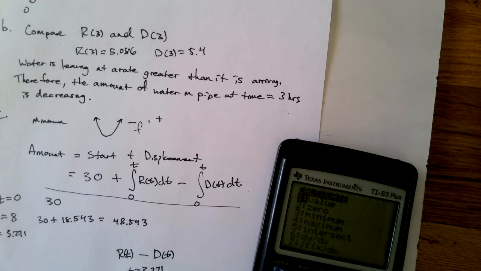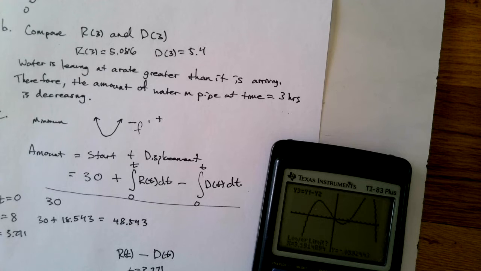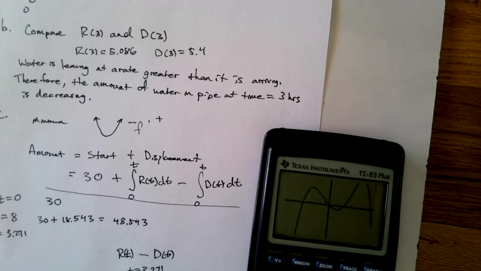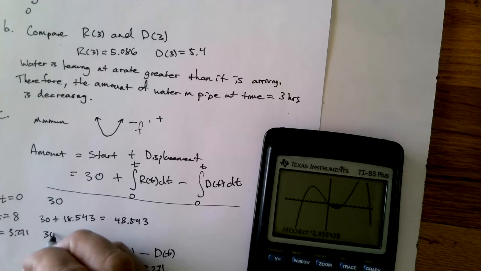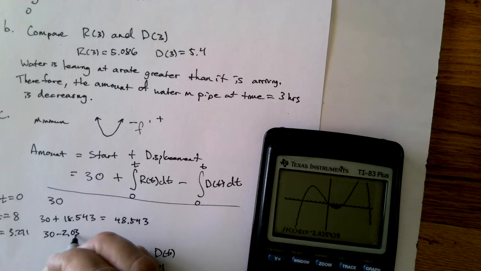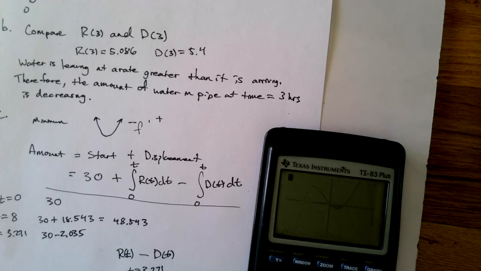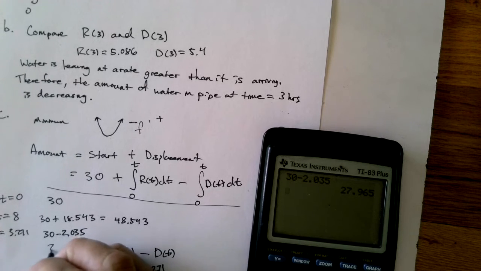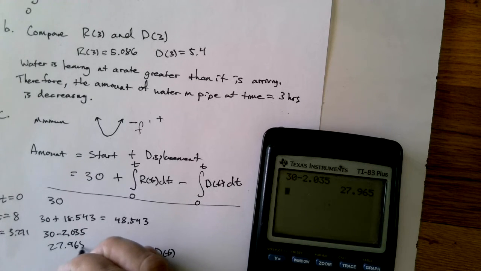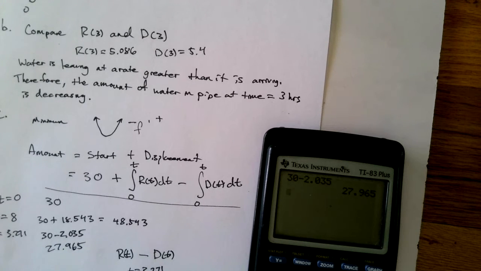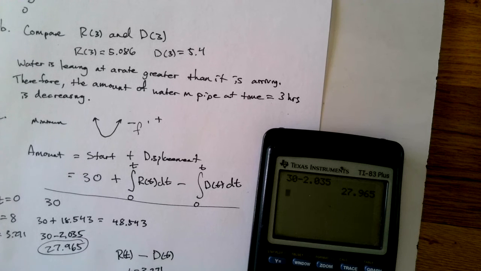So I'm going to go to calculate number 7, and lower limit is 0, upper limit is 3.271, and it's going to see how much I get. I get negative 2.035. So 30 minus 2.035, we get 27.965. So notice all those three things that we had to check, and this is the correct one.